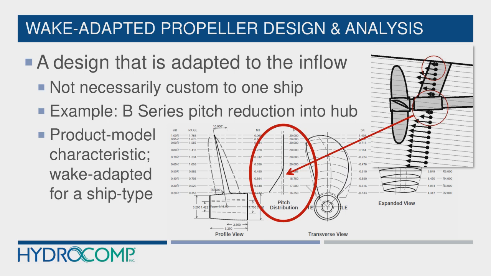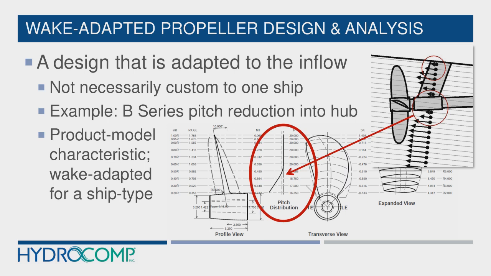Now, this becomes a product model characteristic, a semi-custom that can be wake adapted for a particular ship type or a propeller model objective. Another example of this, for high speed or high performance motor yachts, is that we're seeing many of these semi-custom stock models have a pitch reduction at the tip.